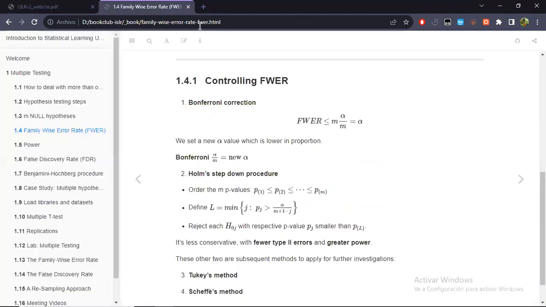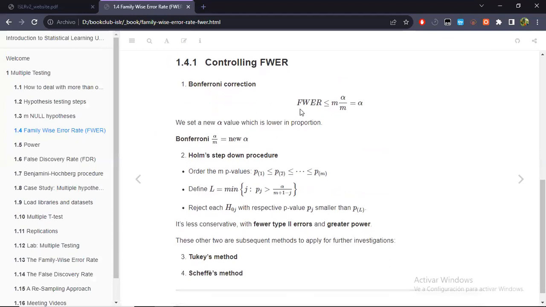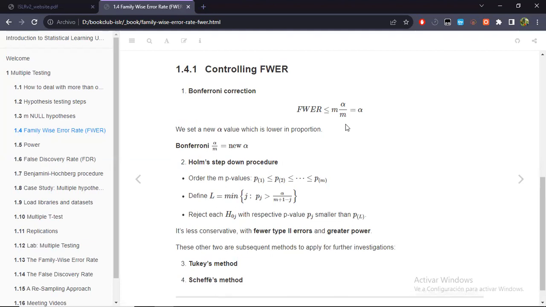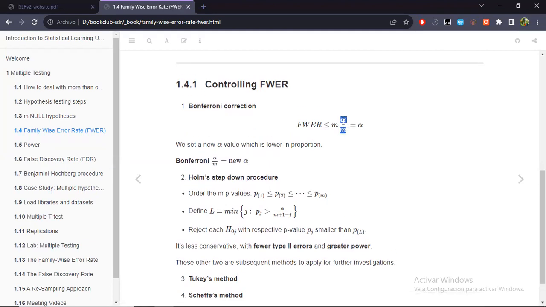Using that type of bound, we get that if we limit each of the hypothesis tests to have an alpha value of alpha over M, then we can bound the family-wise error rate to be smaller or equal to alpha.